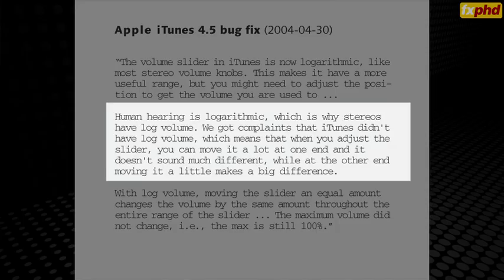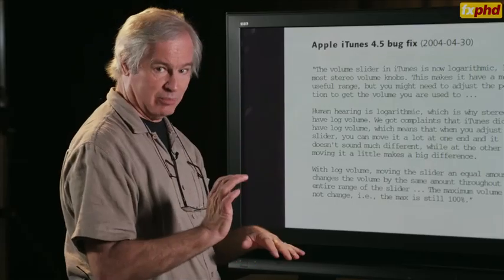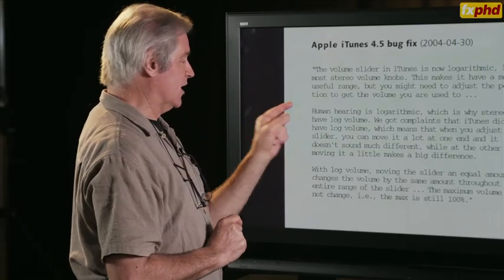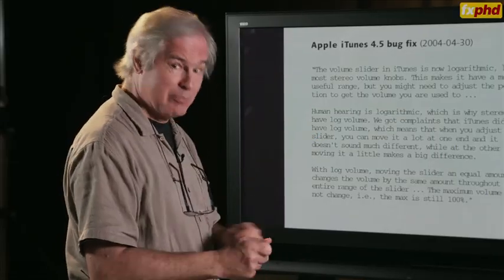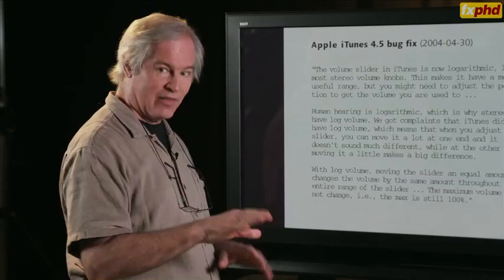which meant that when you adjusted the slider, you could move it a lot at one end, and it doesn't sound much different, one end being the top end, while at the other end, the bottom, moving it a little made a big difference. Well, they fixed that.